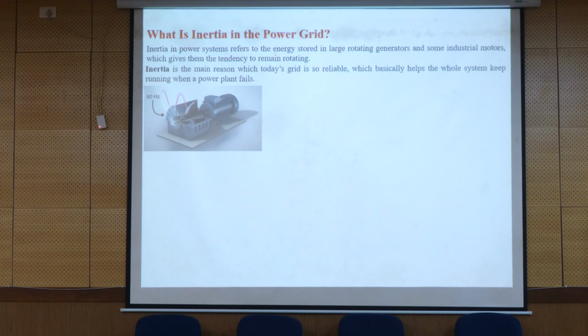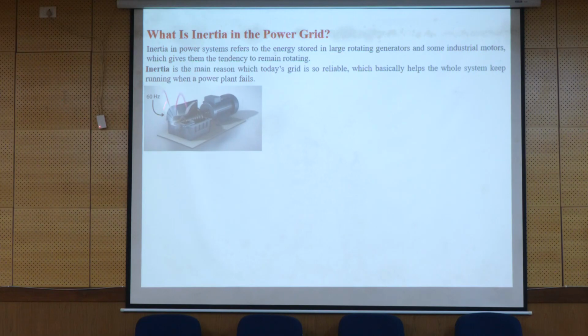In the power grid also we have inertia to keep the reliability and stability of the power system. Basically, the reliability and stability of the power grid comes from the inertia. So inertia is basically the main source that keeps our system reliable.